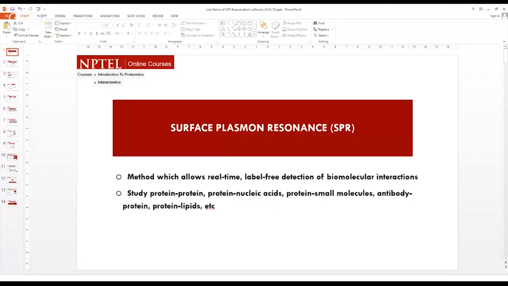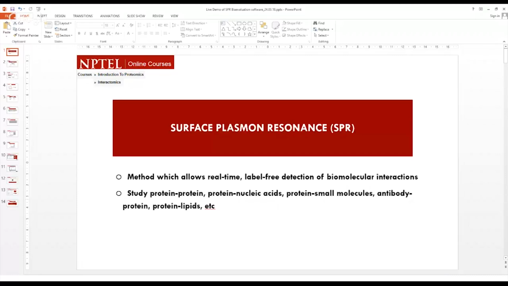This is a very simple schematic of what SPR is about. So in SPR, what happens is you have a sensor chip, which typically has a gold film on it.